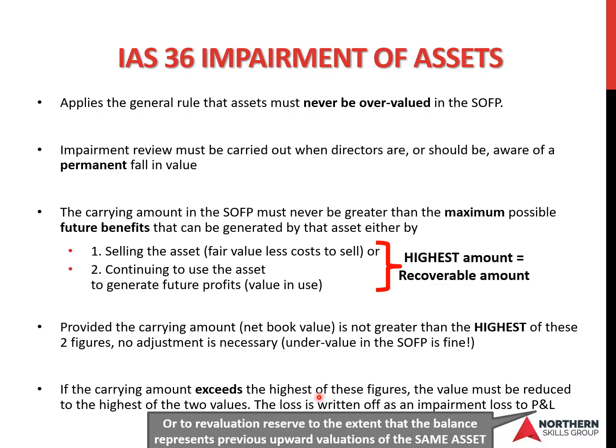Just remember though, if the asset's been revalued previously and there's a balance on the revaluation reserve relating to that asset, that balance has got to be eliminated first before anything gets charged to profit and loss. So that's how IAS 36 operates. The next slide's got a question similar to what might crop up in task 5 of the exam.